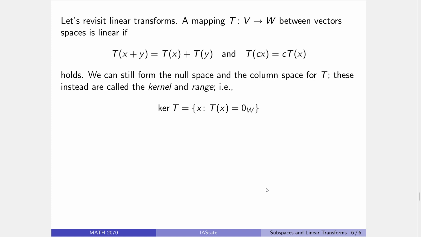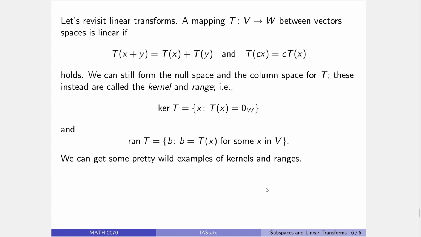Now here the codomain of T is W, so the 0 that I'm talking about is the 0 element of the vector space W. And likewise, the range of our mapping is the collection of vectors b, so that b equals T of x for some x. Right, so it's the right-hand side of an Ax equals b. Only now Ax is being abstractly represented by T of x.